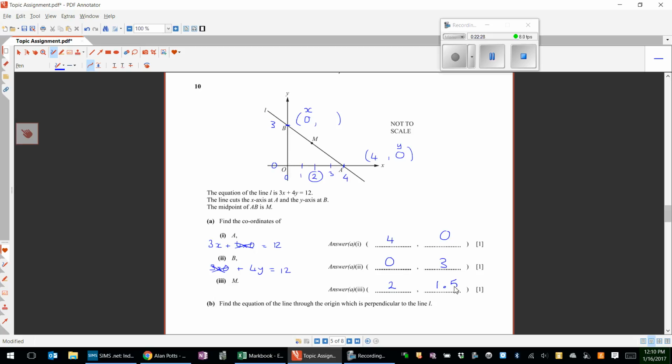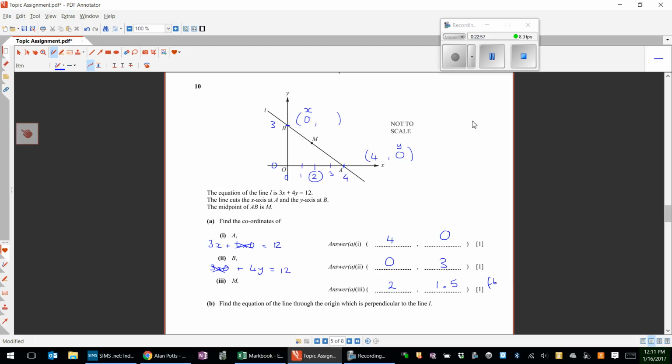Okay, so for that M, if your other points' coordinates are wrong, but your midpoint is correct for your two coordinates, you can have the follow through for that final question only. But again, can you get someone to check that what you did was genuinely the midpoint?